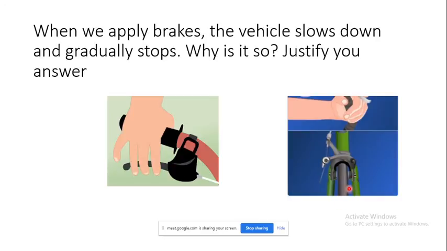Since the wheel is moving, friction is a force which opposes the motion. The wheel is moving and the brake pad is not moving, but when you apply the brake, they come into contact. So there is definitely a frictional force opposing the motion, and this frictional force makes the wheel come to a stop. Is that clear for everyone?